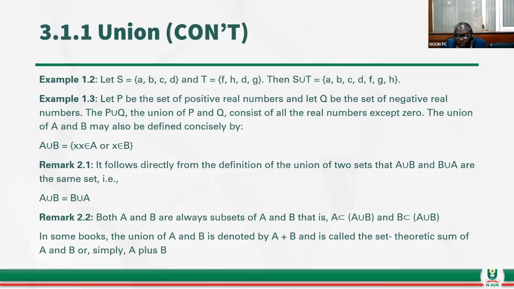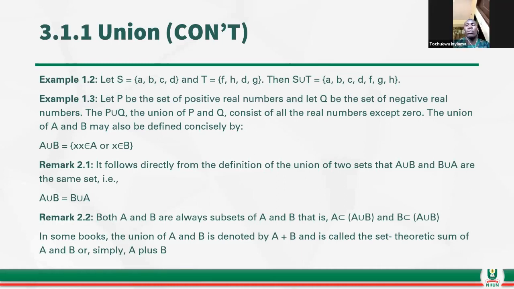1 plus 2 is what? 3. Okay, interchange 1 and 2 now. 2 plus 1 is what? 3. So when you interchange the numbers under the same operation, you are still having the same answer.